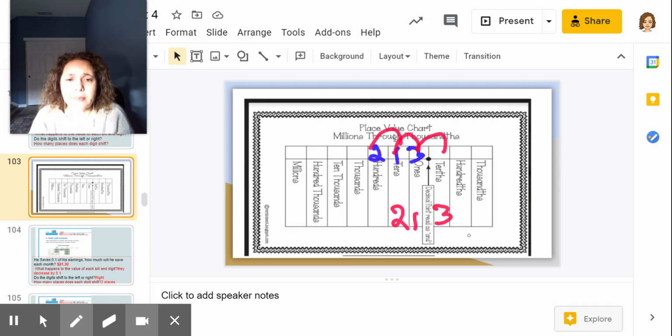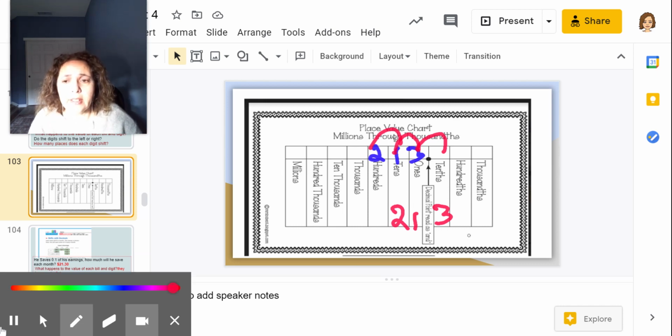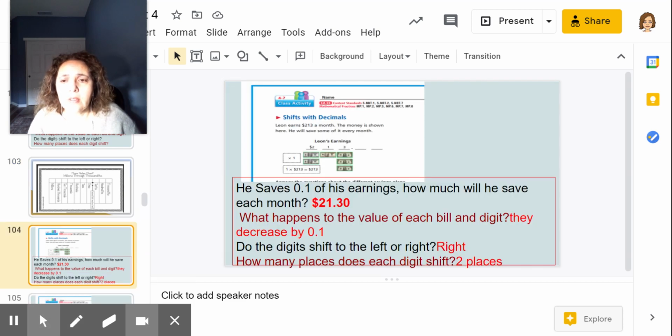So what happened? Did it increase or decrease? Hopefully you said that it decreased, right? So it's now $21.30. And what happened to each bill? They decreased by 1/10. They got 1/10 smaller. And which way did we shift? We went to the right, right?